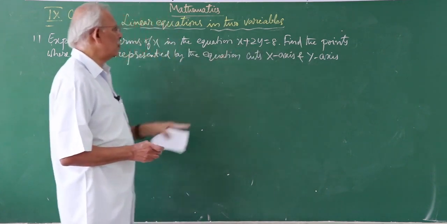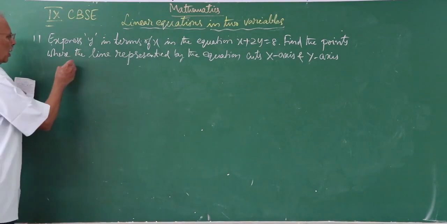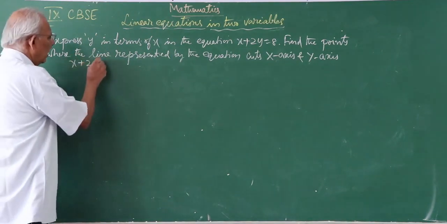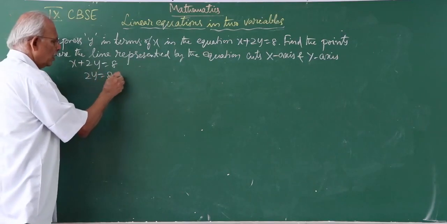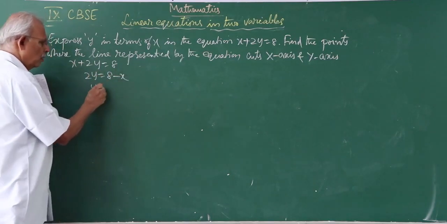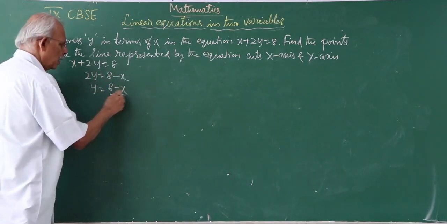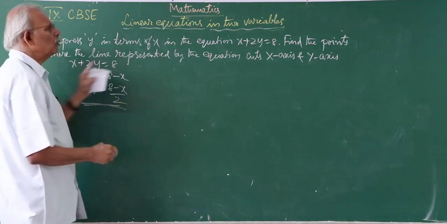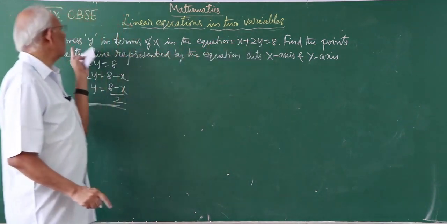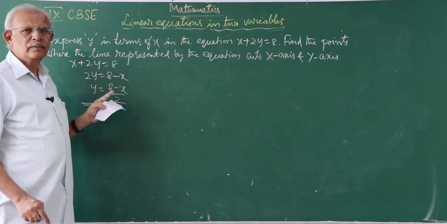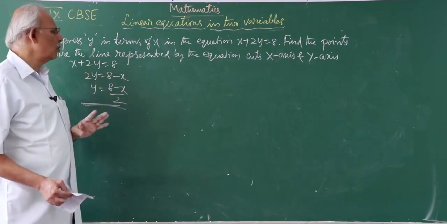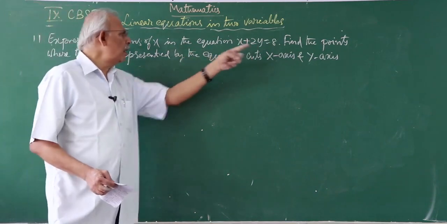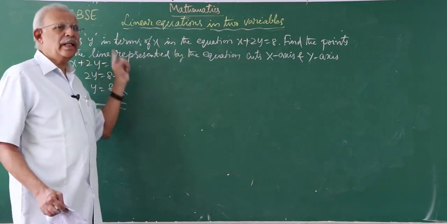First I shall express y. x plus 2y equals 8. 2y equals, shift x, 8 minus x. y equals 8 minus x by 2. This is over. Express y in terms of x. Of course, in addition to x, other terms will be there. Now this is over. Now find the points where the line cuts.